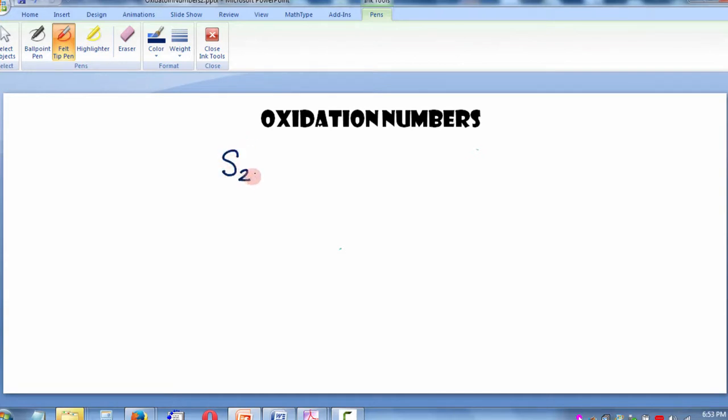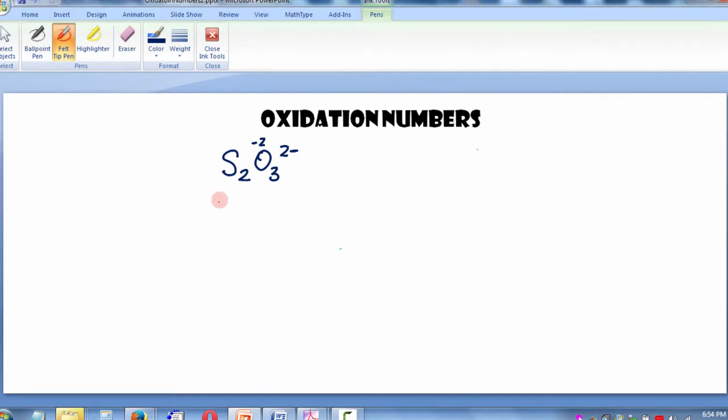Let's try S2O3 with a 2- charge. Okay, so we know the oxidation state of oxygen is -2, so we would be solving for sulfur.